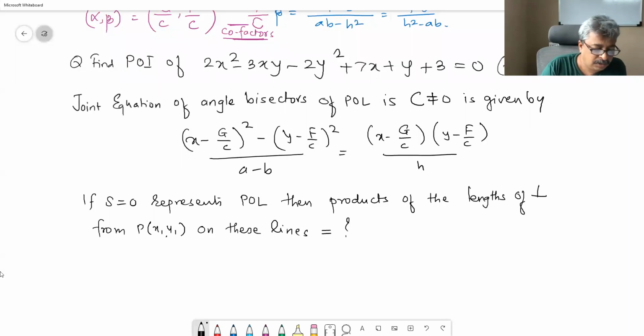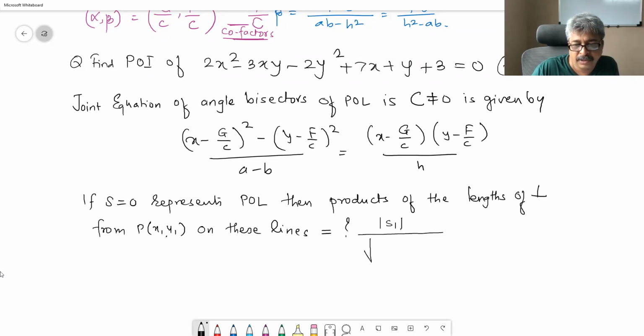The answer is mod S1. Put that point into the equation of S. The denominator is radical of (a minus b) bracket square plus 4h square. That is the product of perpendicular distances.